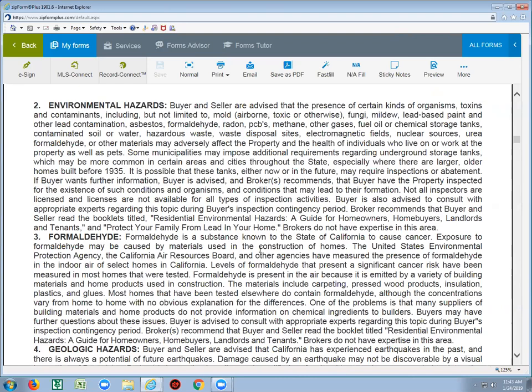Why? Because they have one electric pole in the backyard with the transformer. It's a free survey, free service. You just have to wait. And as long as the seller is okay with it, we do the test.